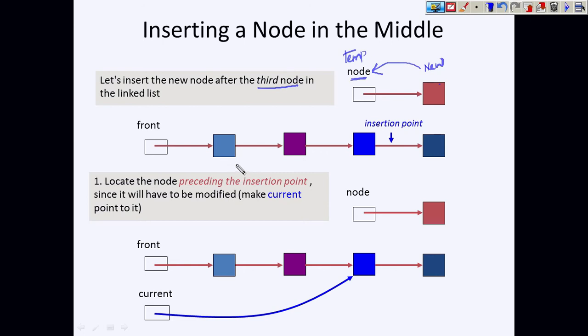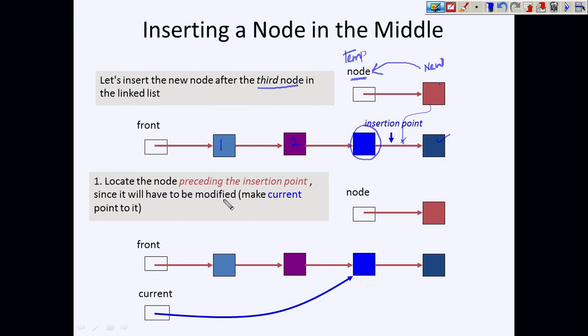This is the linked list we are having. This is the last node, and our logic is we want to insert this new node somewhere after the third node. This is first, second, third, and after the third node we want to insert the new node. So we need to reach here first, and then only we can apply this logic. What is required? Locate the node preceding the insertion point, since it will have to be modified.